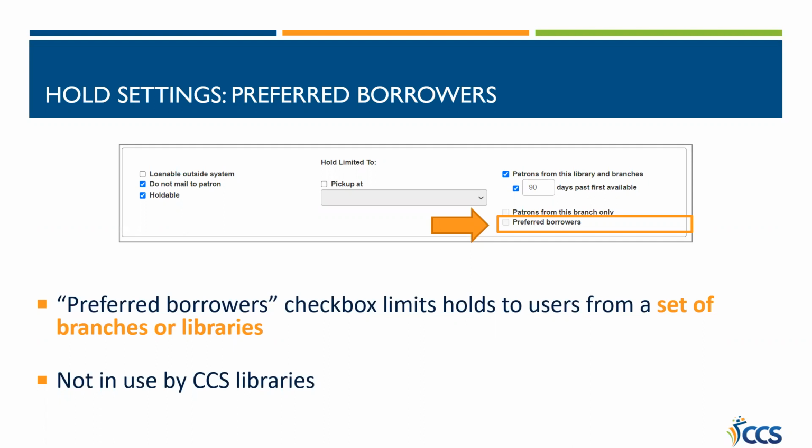So I can say my preferred borrowers are Highland Park, Glencoe, and Lake Forest, and the item will only fill a hold if the patron is from one of those libraries. So it doesn't allow us to get as granular as sometimes we need to go. I think this setting was meant to be used if you had a cohort within a shared catalog, and in CCS, we just don't have those kinds of subgroupings. So again, this is a checkbox that you're not going to see.